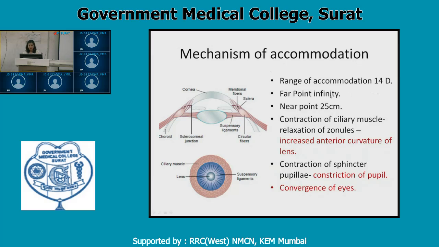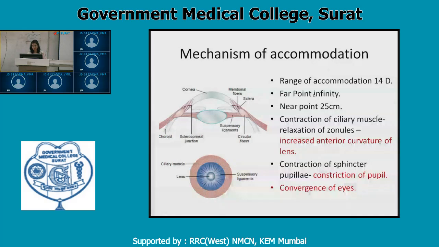Now there is also a range of accommodation, which is the far point minus the near point. What is the far point? It is the farthest point at which, if the object is placed, the image is formed on the retina. For a normal, emmetropic eye, this far point lies at infinity. If the object is placed at infinity, the image will be formed on the retina with the ciliary muscles completely relaxed.